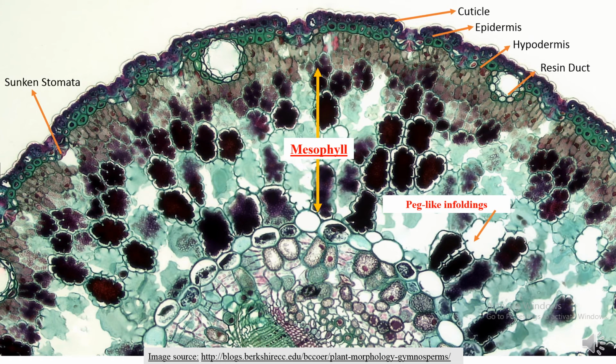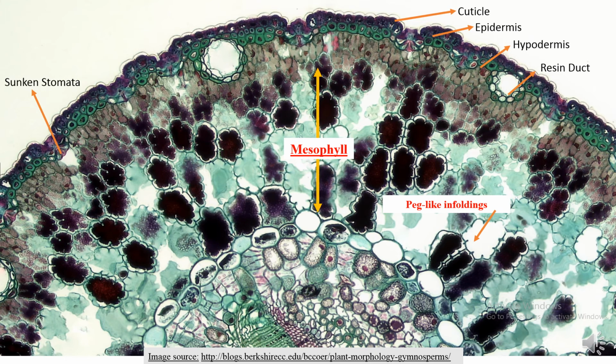Now, here is a closer look at outer and middle region. You can very well see the outermost thick cuticle, epidermis. Hypodermis is a bit difficult to see, but resin ducts are visible. Mesophyll cells are also visible, and their peg-like infoldings are also visible.